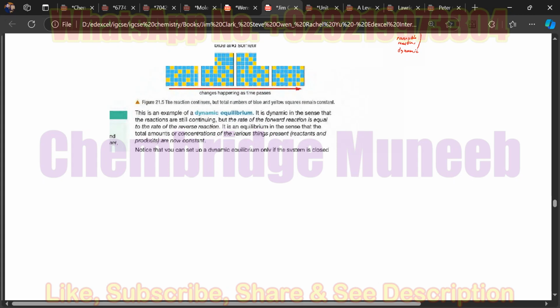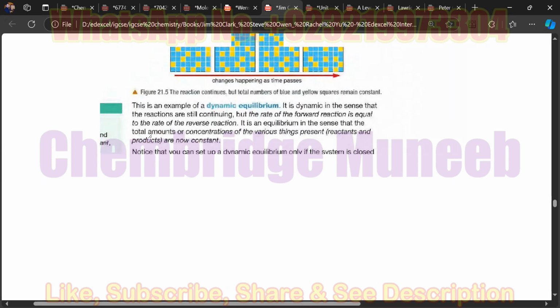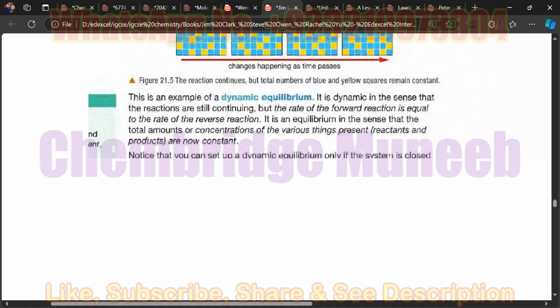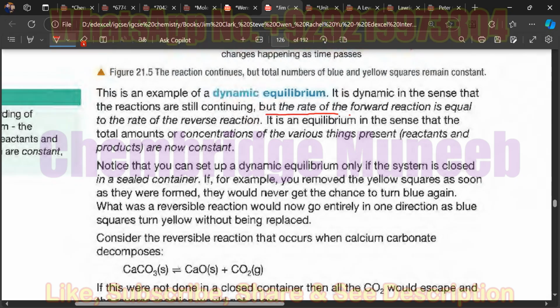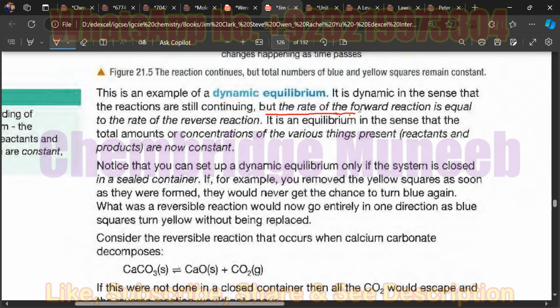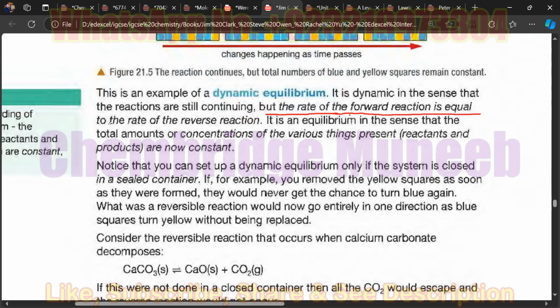Okay, now moving to the next part: in the dynamic equilibrium the rate of the forward reaction is equal to the rate of the backward reaction, like by which rate the amount of the reactant is decreasing, and by which rate the amount of the product is increasing. That is called the rate of the reaction.